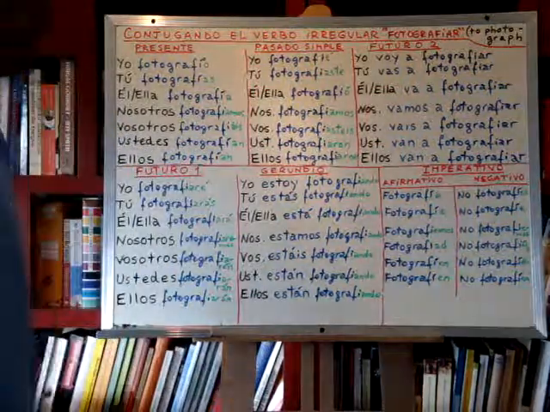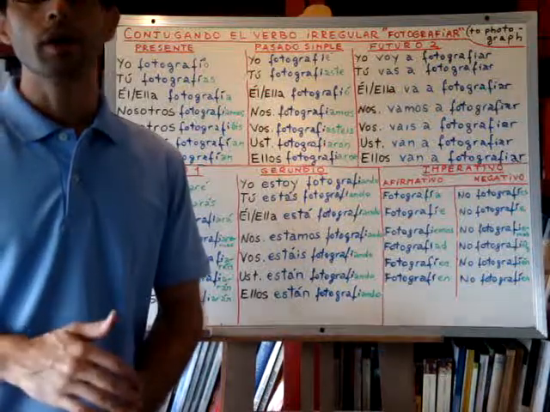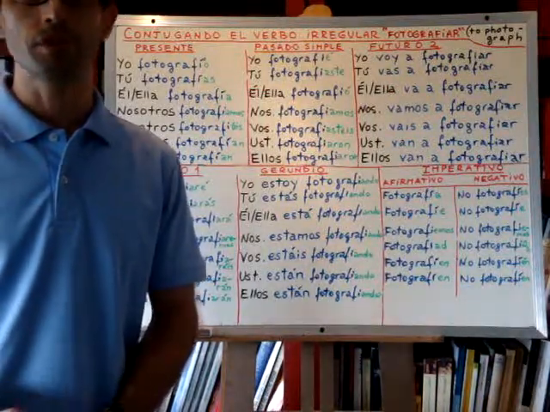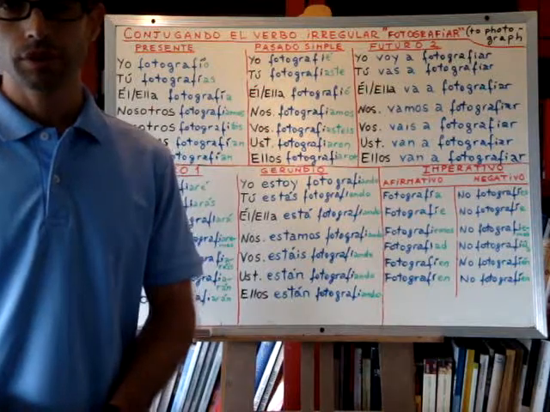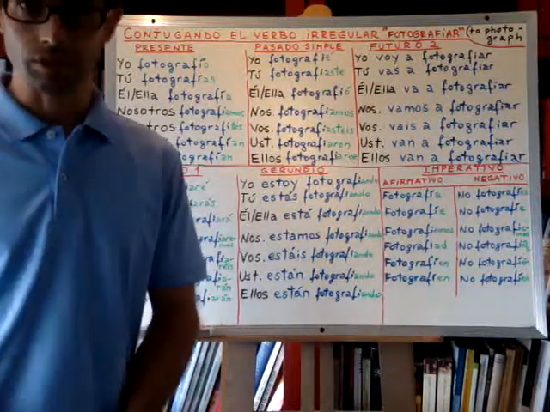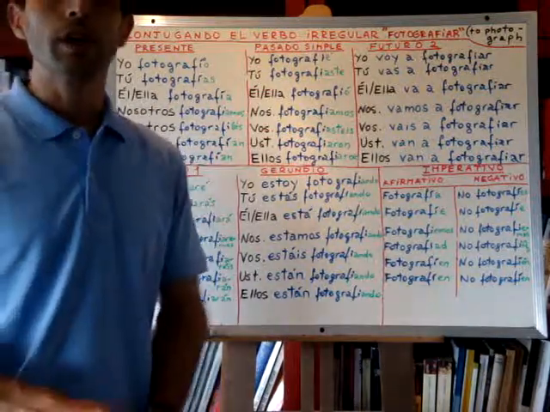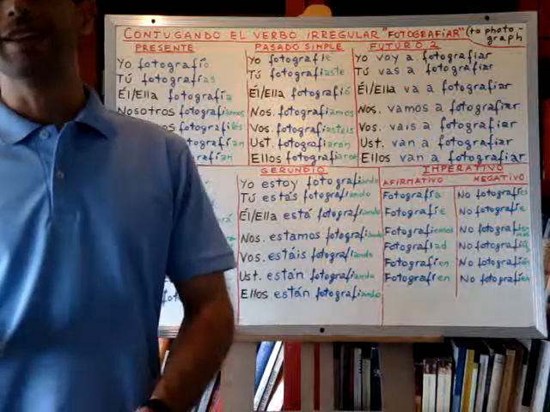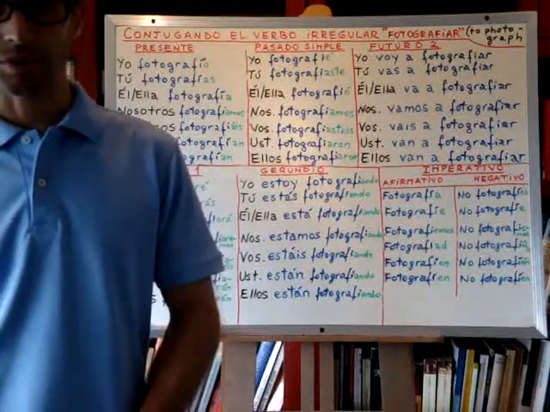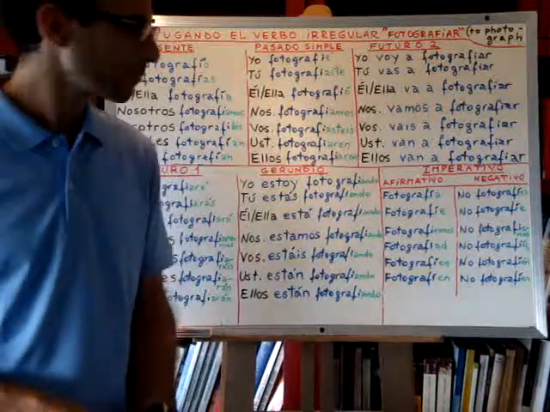Yo fotografío esa casa. Okay? We photograph or we take a picture of the sky. Yo fotografío el cielo, right? El cielo is the sky. So we don't say take a photograph or take a picture. We just say to photograph, okay?